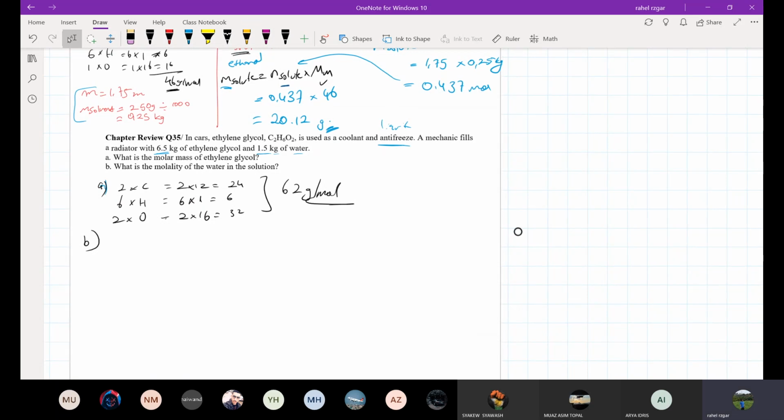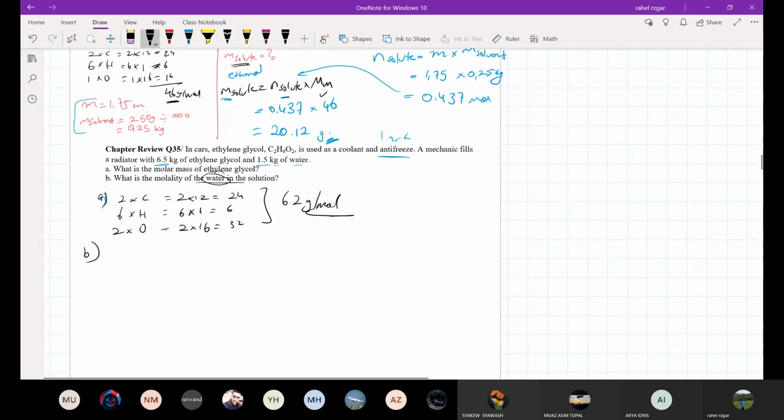For B, what is the molality of water in the solution? The question here is, which one is the solute? Which one is the solvent? Now we have 2 masses. First mass, which we don't know if it's solid or not, is 6.5 kilograms.